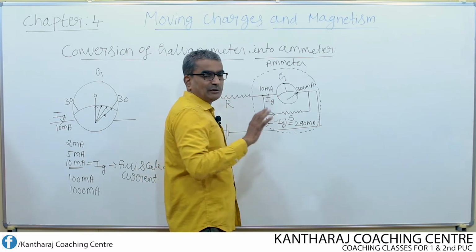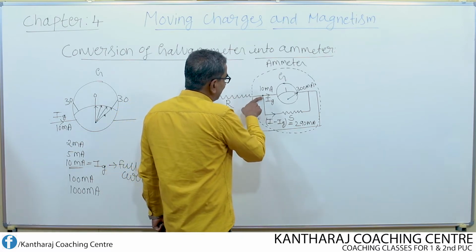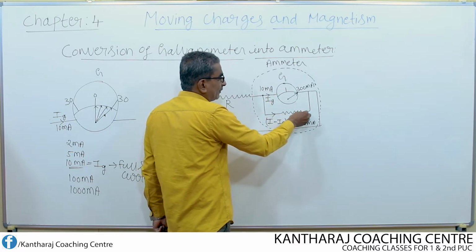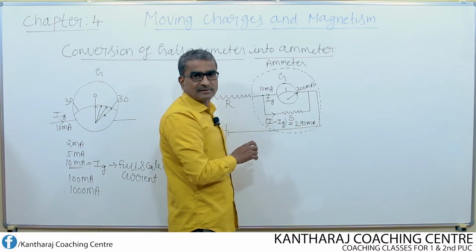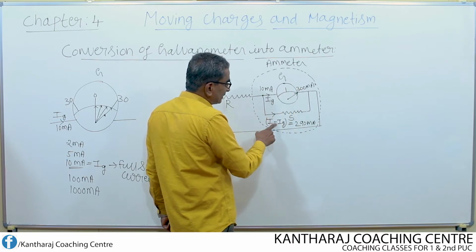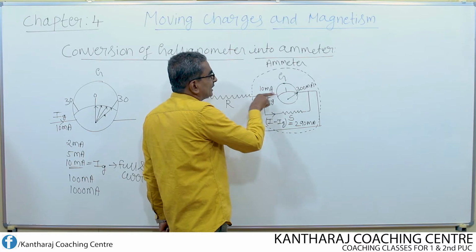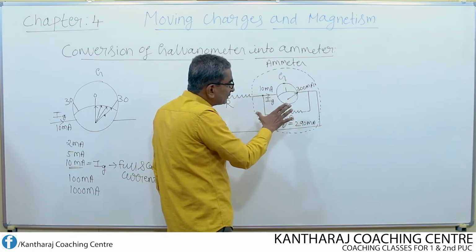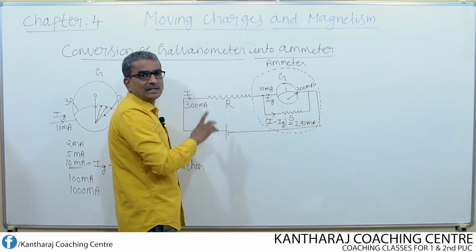Now what is the function of this shunt? The shunt is going to bypass the main current. What is the main current? I. When the main current I comes over here and splits, the majority of the current will pass through the low resistance path. Shunt is a low resistance. So the majority will flow through it. What is that majority current here? I minus Ig. Only a small current will flow through the galvanometer producing full scale deflection. But whatever full scale deflection it reads is equivalent to the main current.